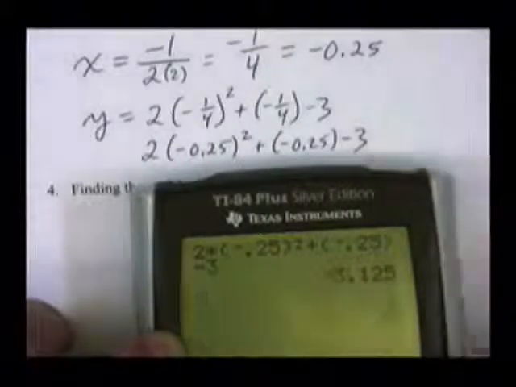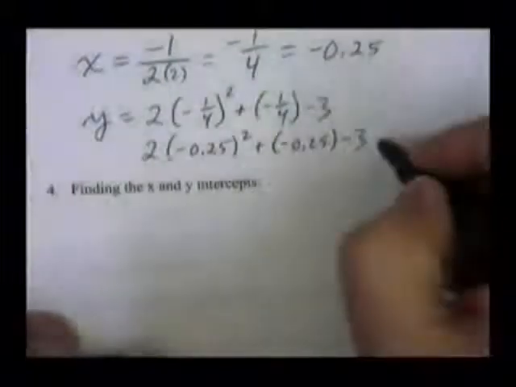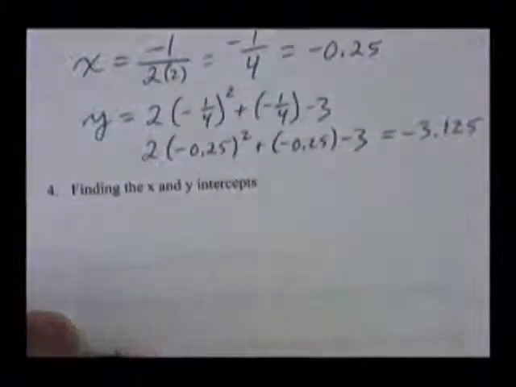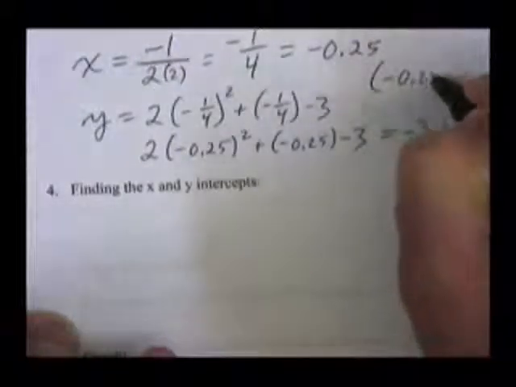Then hit enter, and I get my y value as negative 3.125. So that gives me my vertex: negative 0.25, negative 3.125. Okay, so there's my vertex for this equation.